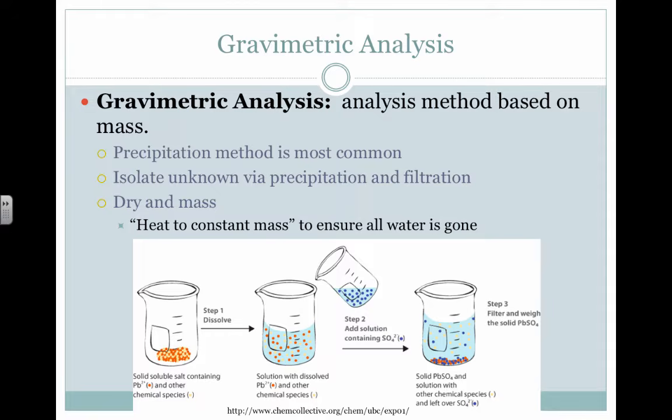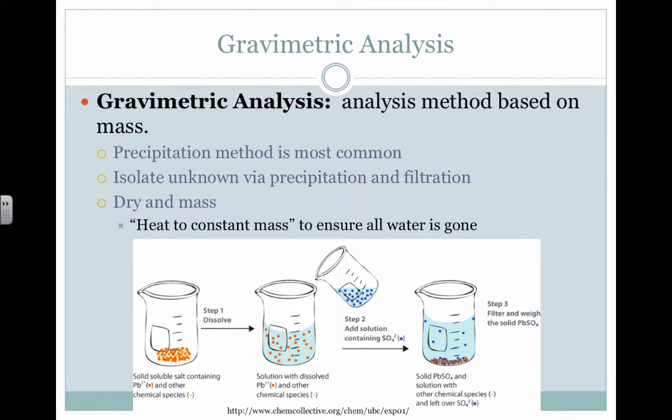Here's a schematic showing us a particular example of gravimetric analysis. In this example, we're attempting to precipitate out all of the lead 2+ ions in solution. First, we take a sample containing lead 2+ ions and some other chemical species and dissolve it in water.